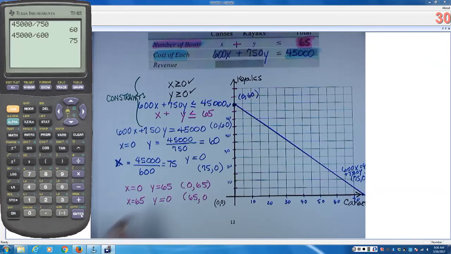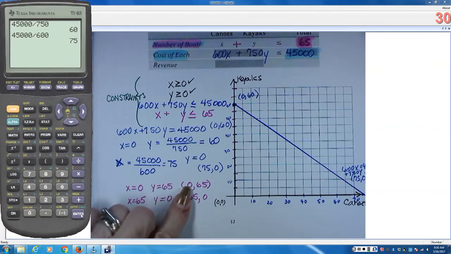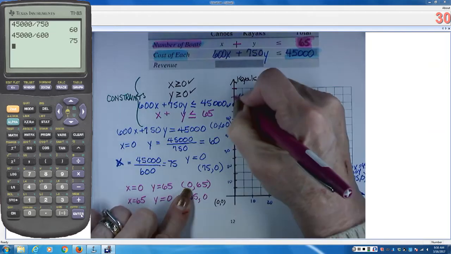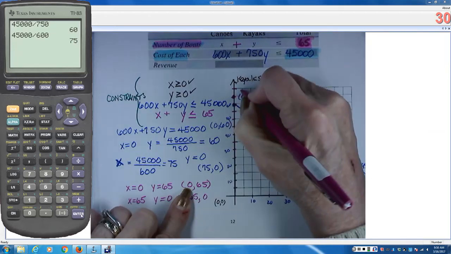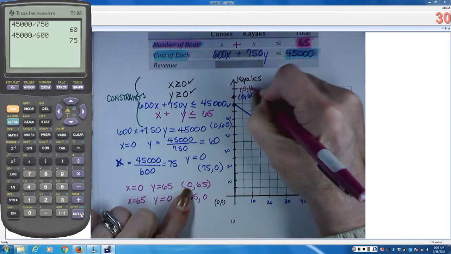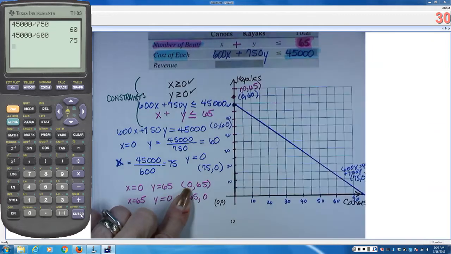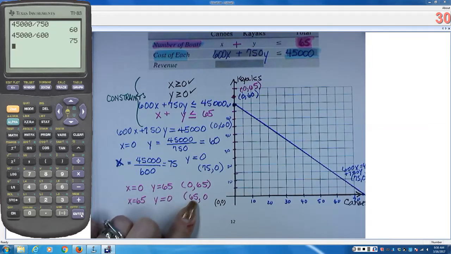And then for the pink line, I need the point 0, 65. And I need the point 65, 0.